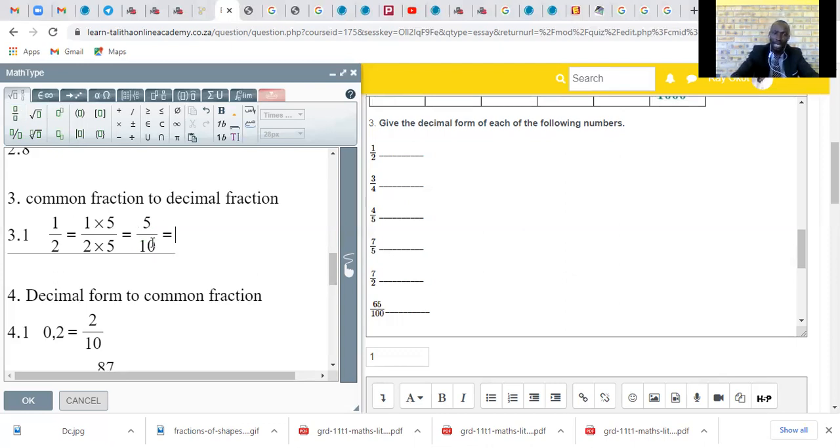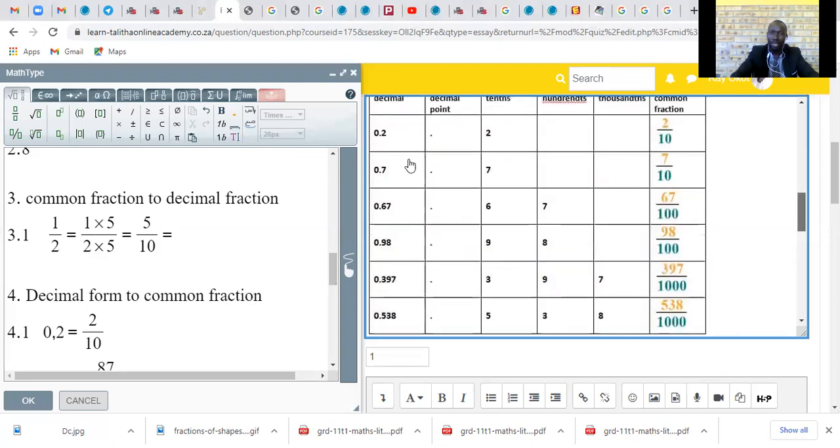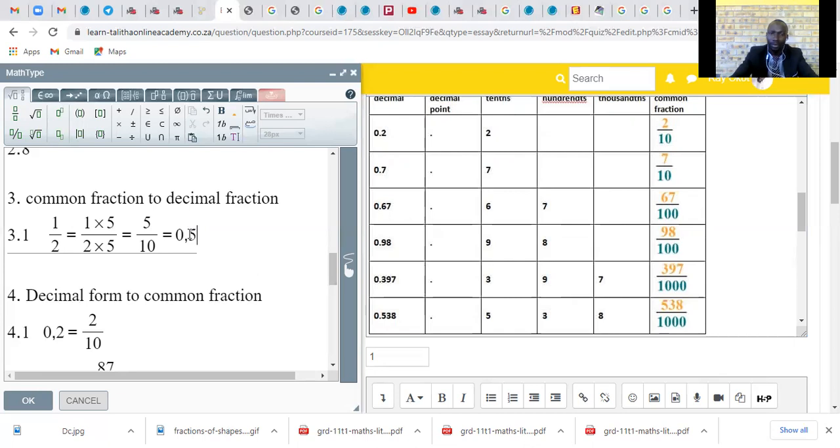Notice we have only 1 10. And so, since we have only 1 10, what would we have? There we go. You see this? We have only 1 number and a 10, meaning we will be writing this as 0.5.